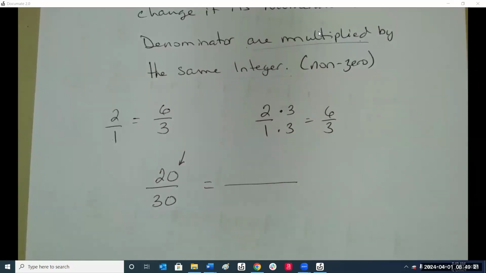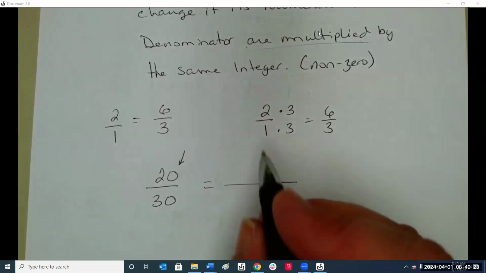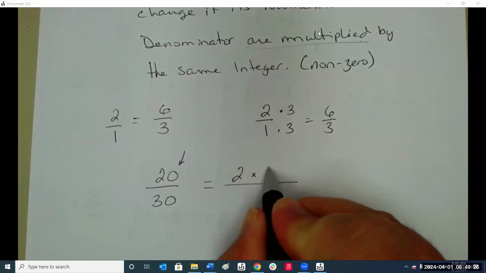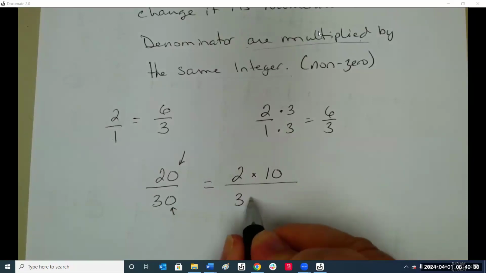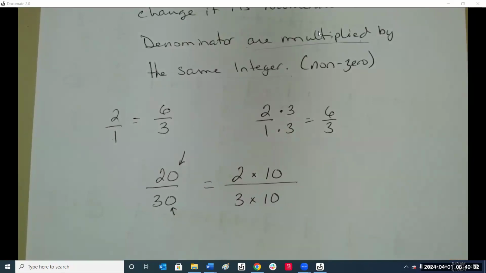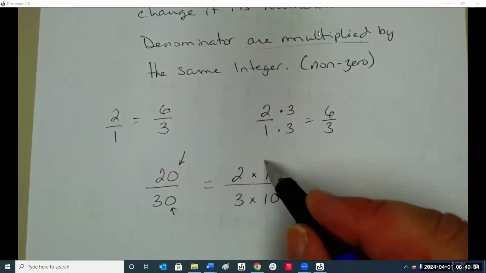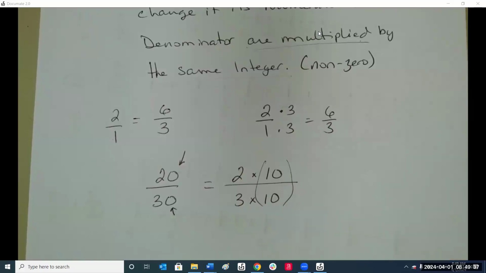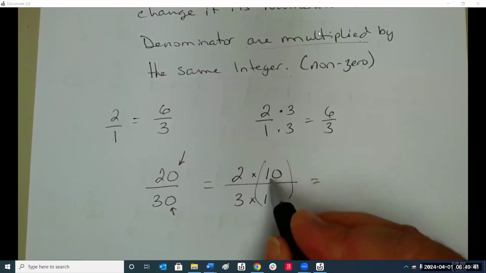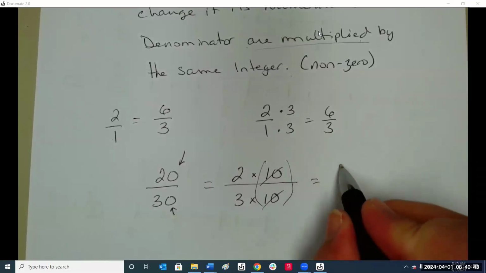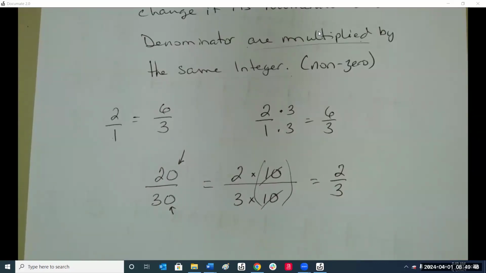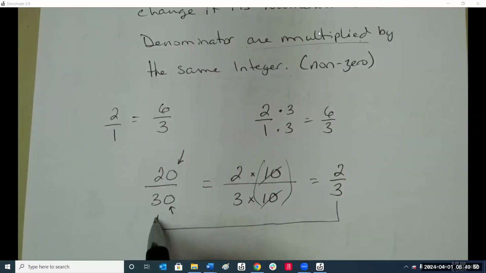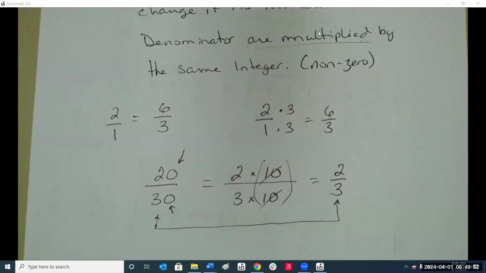If it ends in 0, it's divisible by 10. So we have 2 times 10. Same thing with this one, 3 times 10. Here is the same non-zero integer. Since they both are the same, I don't have to worry about them. So these two numbers, even though they look different, are the same numbers.